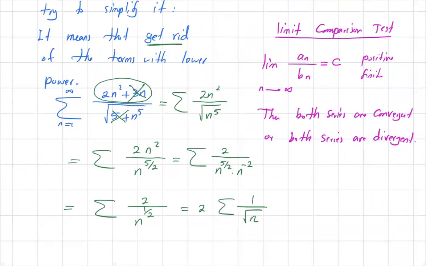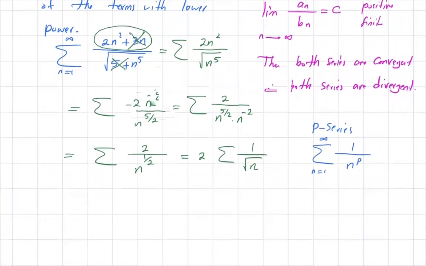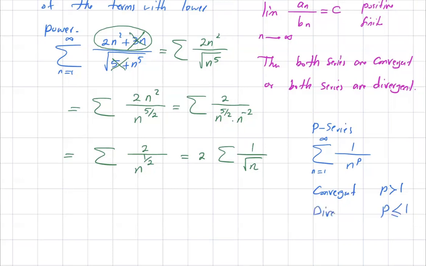This is basically a p-series. A p-series is the summation of 1 divided by n to power p, and starts from 1 to infinity. If p is more than 1, the series is convergent. If p is less than or equal to 1, it is divergent. P in this case is a half, this exponent here, right?